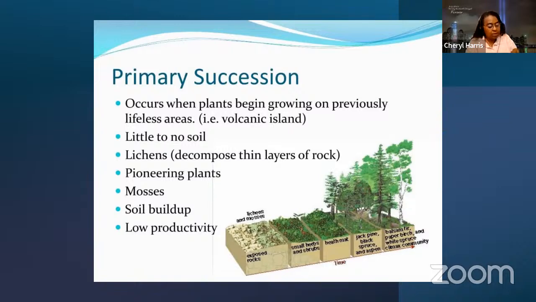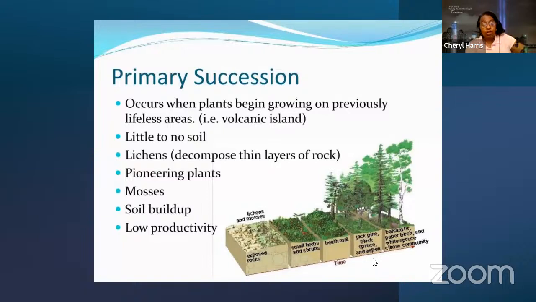And then because they exist over time, they loosen up the soil so that bigger plants can grow. And then eventually you have enough richness to the soil that big trees can grow. And we call that a climax community. Okay. All right. So over here at the bottom, it says climax community. So hopefully you wrote that down.